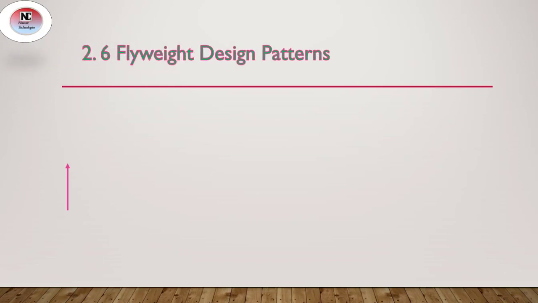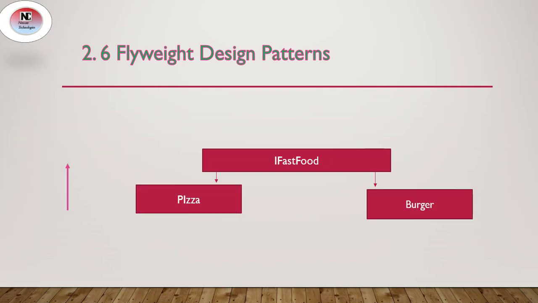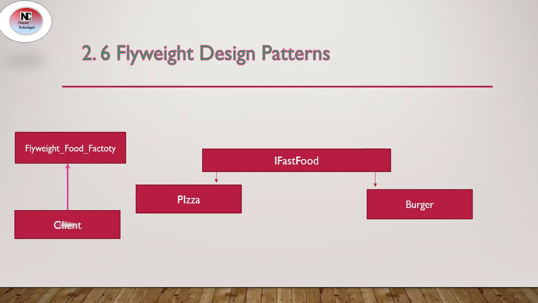So now, let's take one scenario where I have an iFood interface which is inherited by pizza and burger. Then I have a flyweight food factory which is called by the client and which tracks the limits on instantiation of all these objects. Let's see this practically.